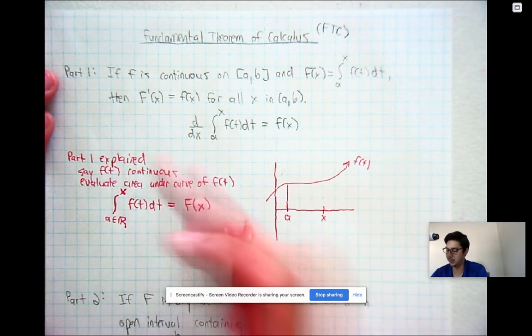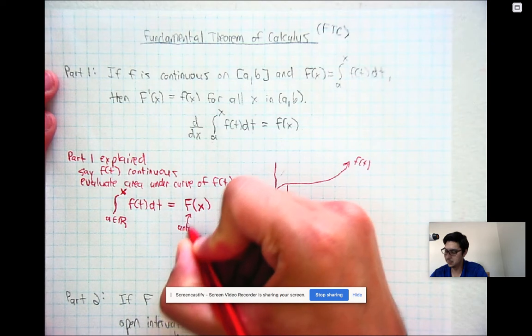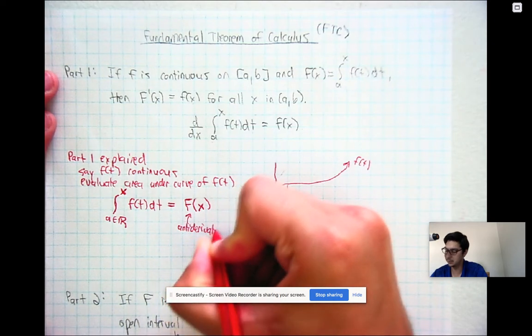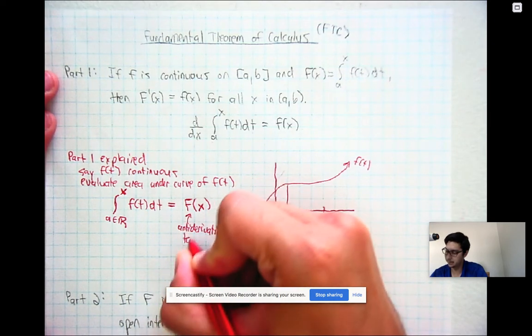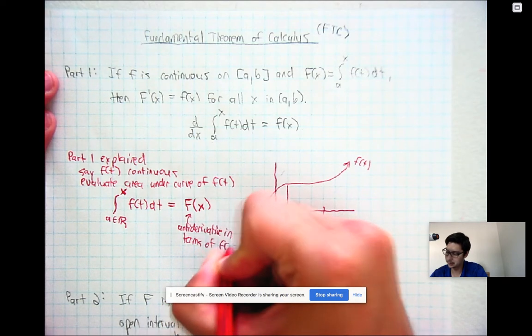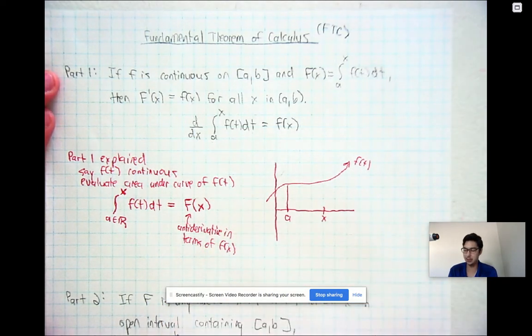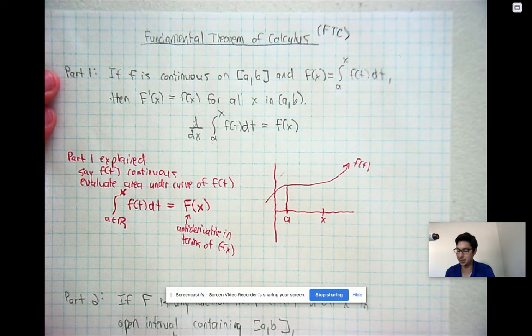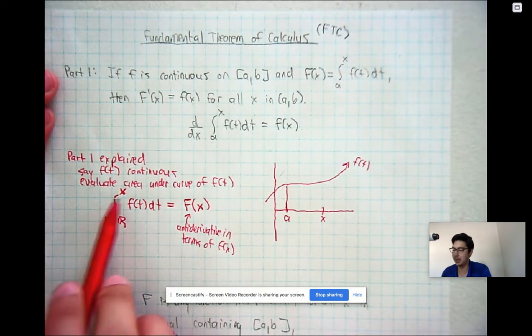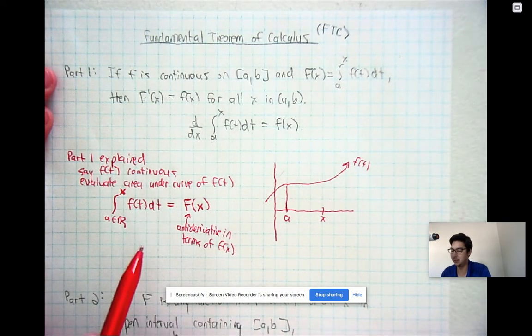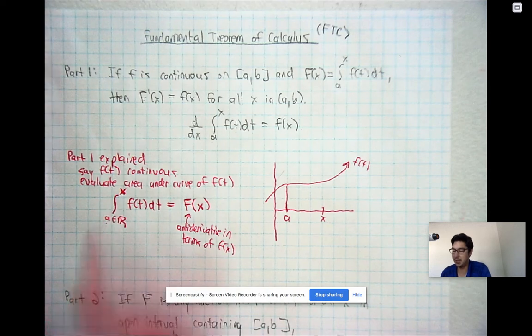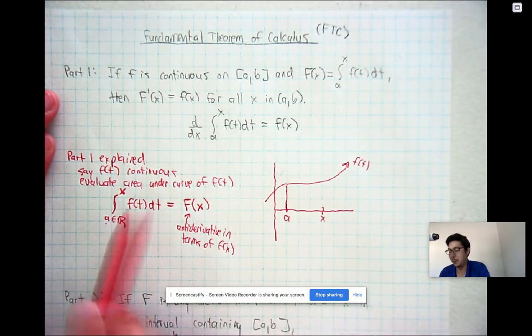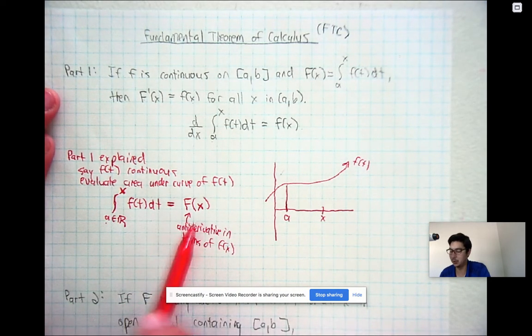So it's an antiderivative in terms of x. So that's not new yet. That's not the fundamental theorem of calculus. That's just saying we have a function that's continuous. You evaluate the area under the curve of f of t dt from some value to x, any real value. Well, remember that that's the same as the antiderivative in terms of x.